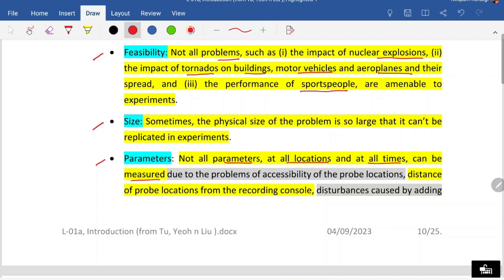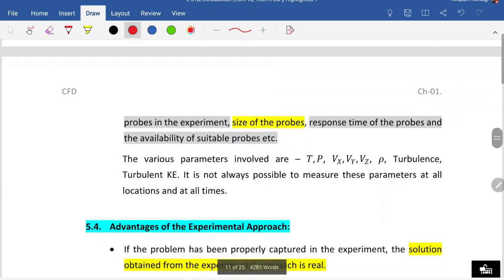Sometimes because of the accessibility of the location, sometimes because of the distance from the probe, you have to record data. And sometimes because of the disturbance caused by adding the probe, your study may not be accurate. So this limitation comes in.